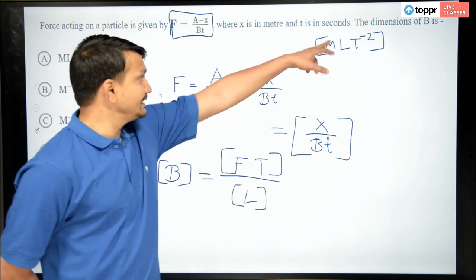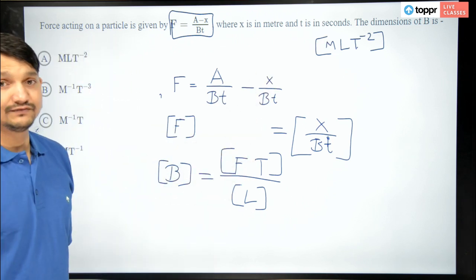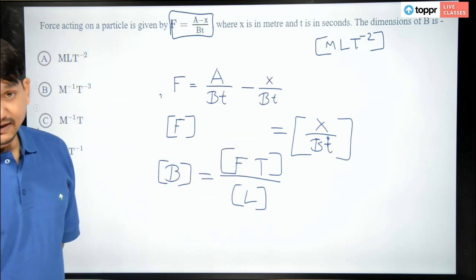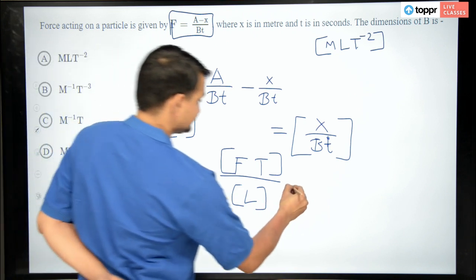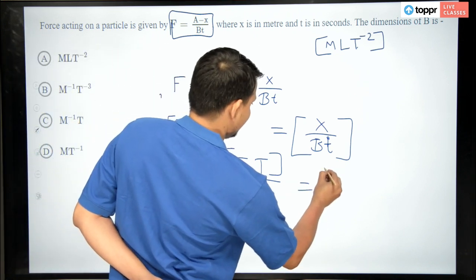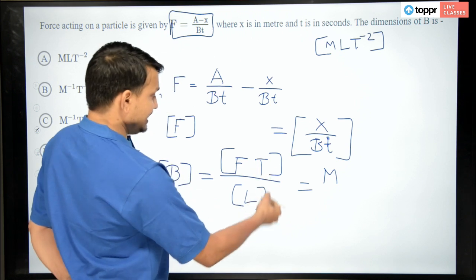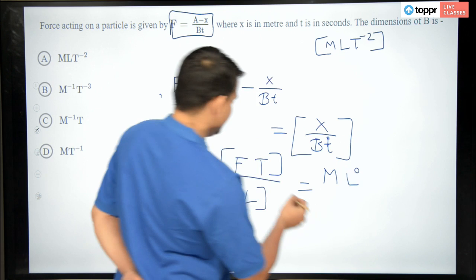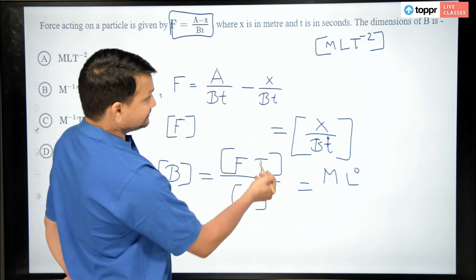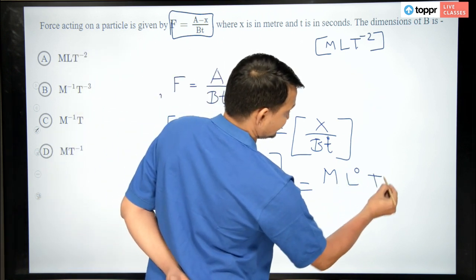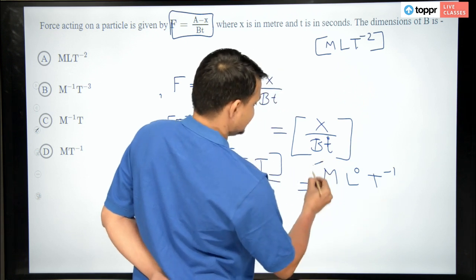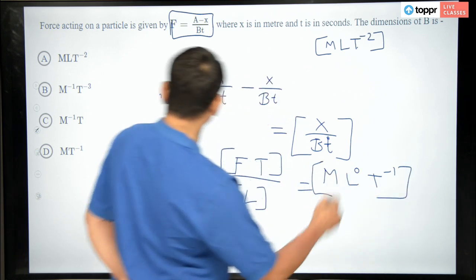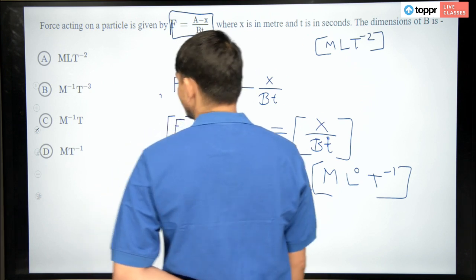And now we can simply put the dimensional formula for force, that is M L T inverse square. M L divided by L, so L would be 0. T inverse square times T, simply T inverse. This is what we are getting as a dimensional formula.